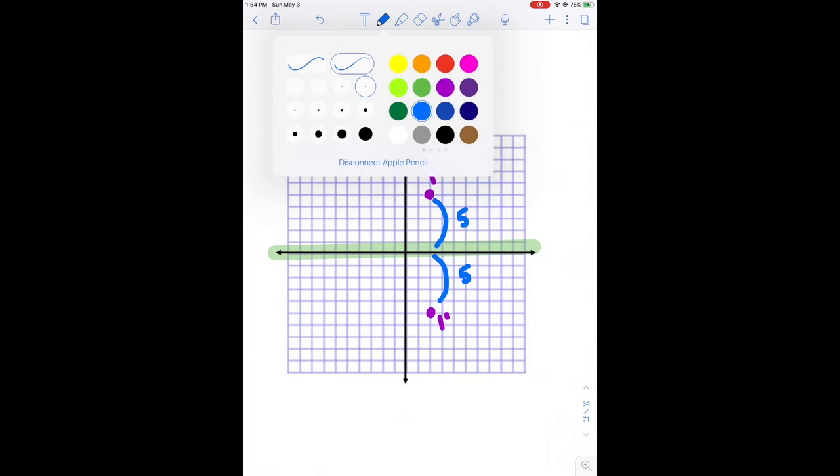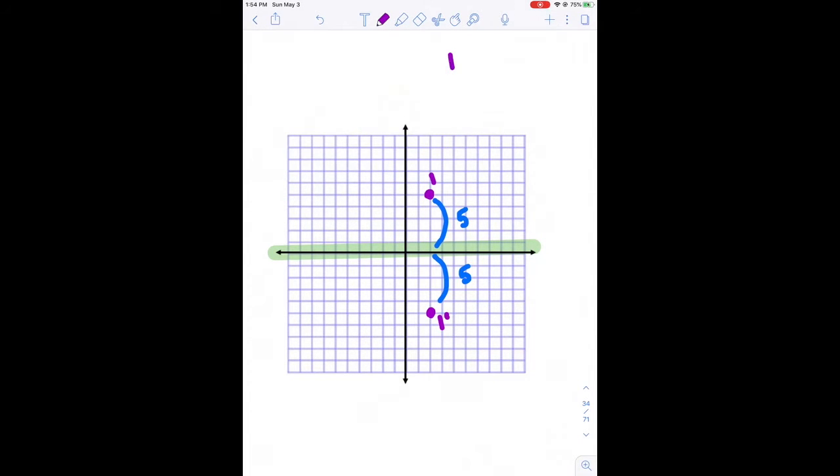So let's see what happened to the points. 1, the original point, is 2, 5. 1 prime, the new point, still is at 2, but it's at -5 now instead of +5.